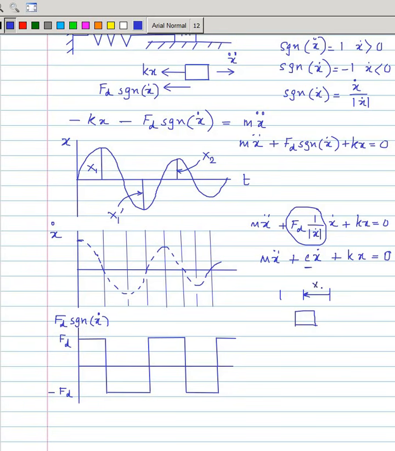It has started from here, gone x1 and reached the mean position here, then from here to here it is going in this direction. Then after coming here it will again change direction and go this way.